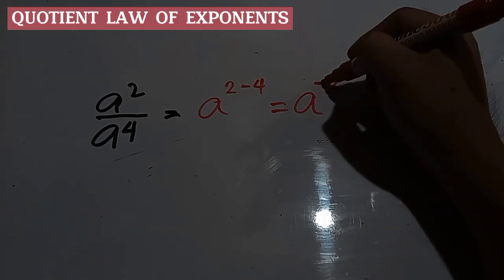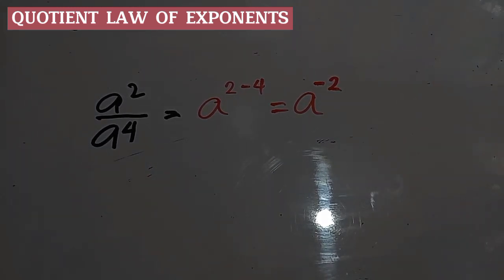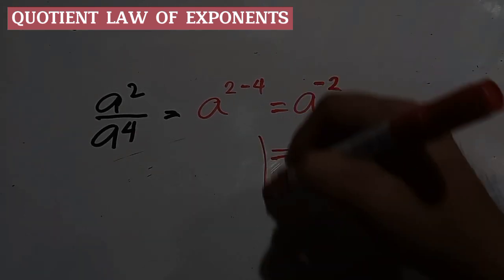Since ang ating exponent is negative 2, hindi tayo makalagay ng exponent na negative. So, anong dapat natin gawin? Ibig sabihin, i-down natin yung a exponent of negative 2. So magiging 1 over a squared. This is our final answer.